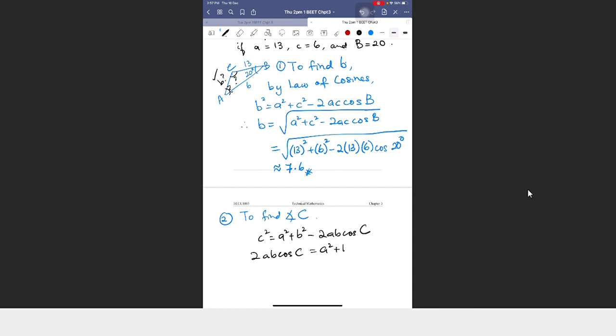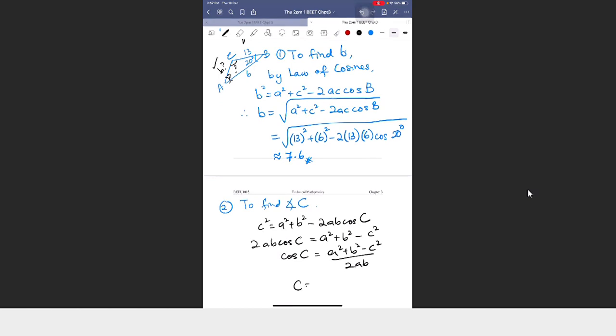Then you isolate only cosine C. You divide by 2AB, then finally to find C, it requires the cosine inverse of the whole thing. Then only will you get your C. So if you want to find the angle using the law of cosine, it is considered a bit more work, a bit tedious.